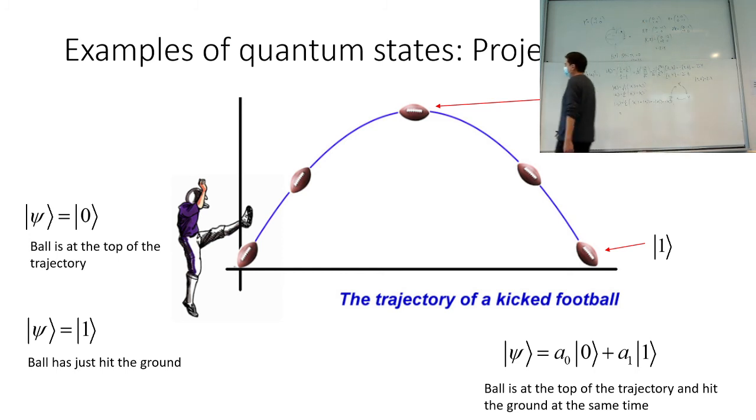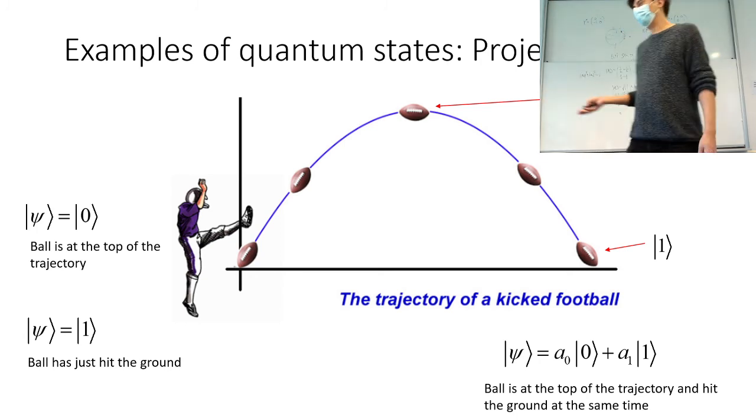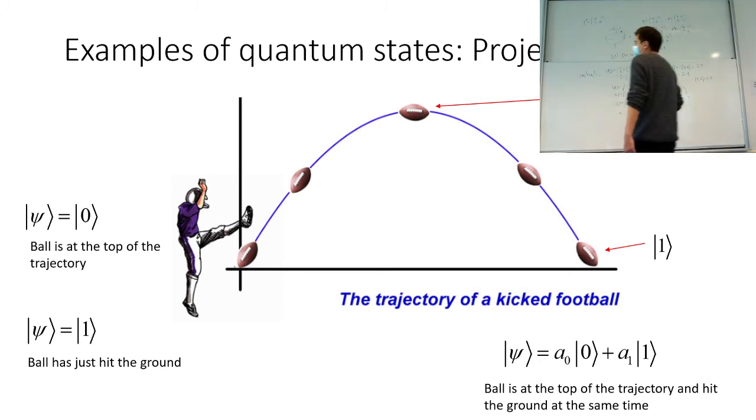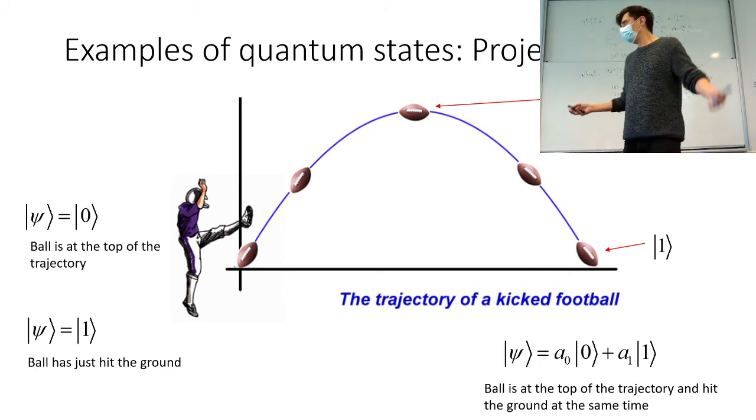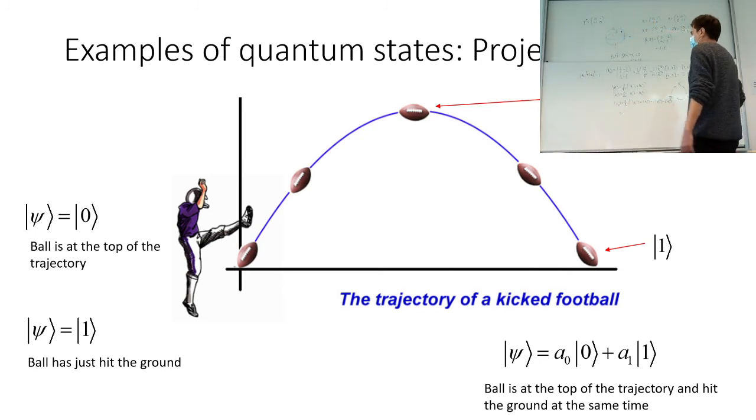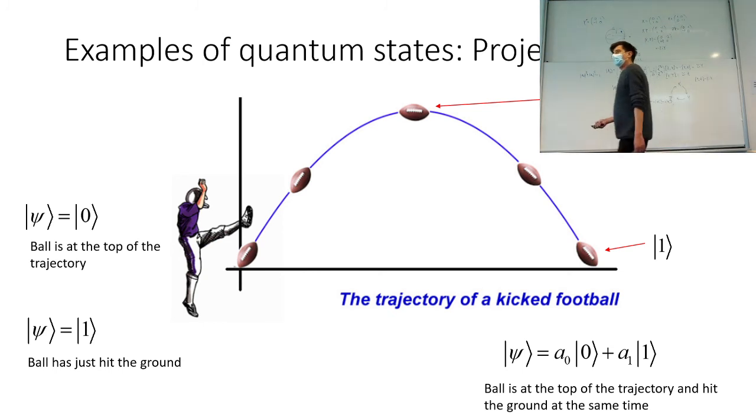Basically, it becomes harder and harder to see these types of states the bigger things are. So for atoms, the first example that I showed you, that's pretty easy actually to see. But for this one, it's basically impossible to see. But in principle, it's allowed by quantum mechanics.